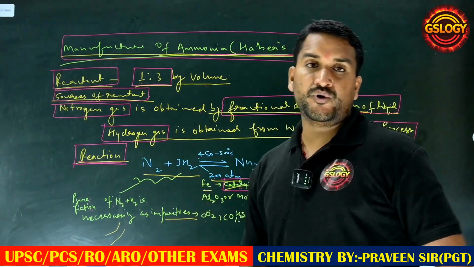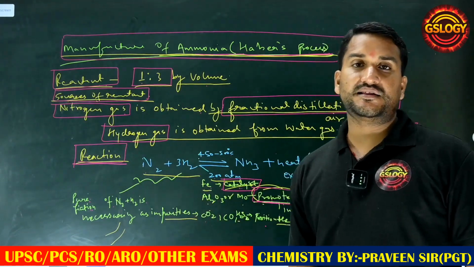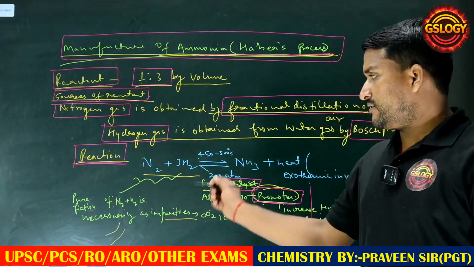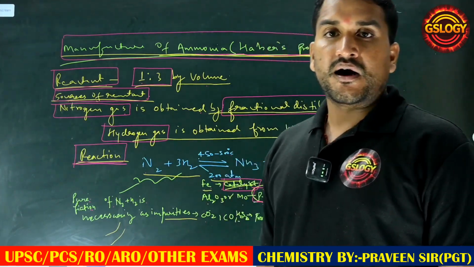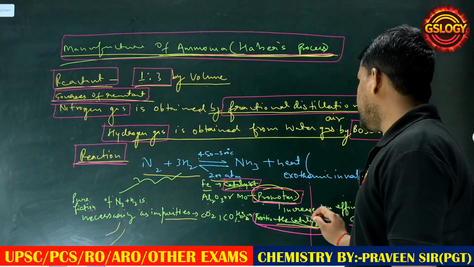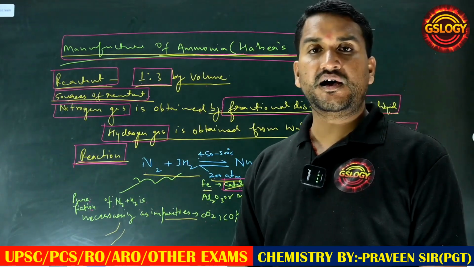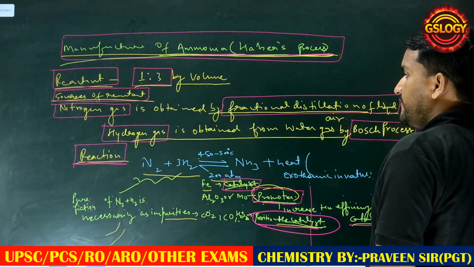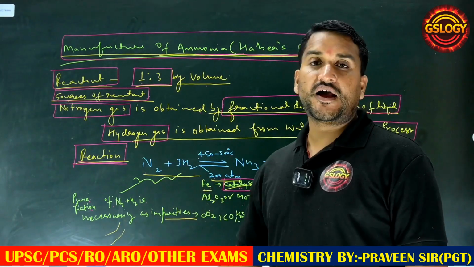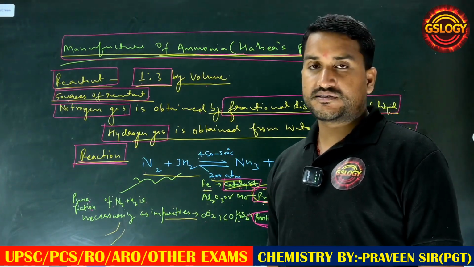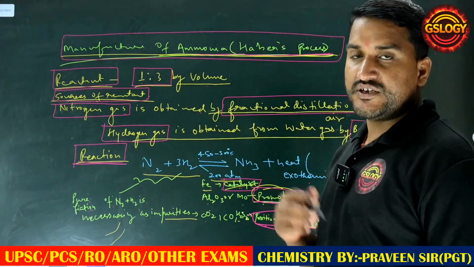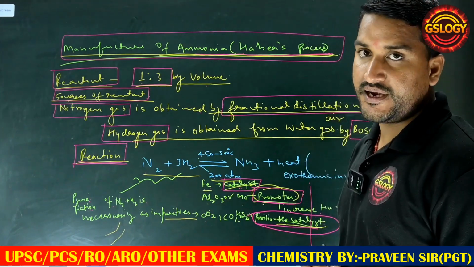Means if any impurities like carbon dioxide, carbon monoxide, hydrogen sulfide are in the mixture of nitrogen and hydrogen, then they are considered as what? Poison of the catalyst. Clear everyone? So always before the reaction, first of all purify the nitrogen and the hydrogen. Okay, and first of all remove all the impurities which are in the mixture of nitrogen and hydrogen.